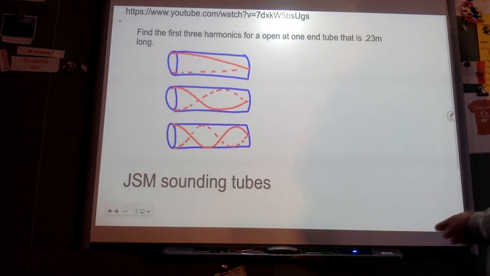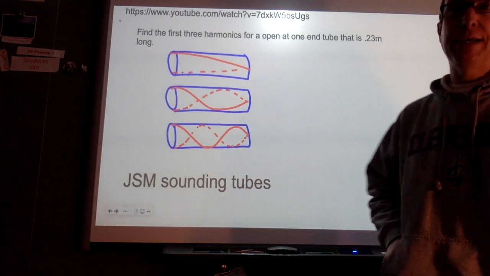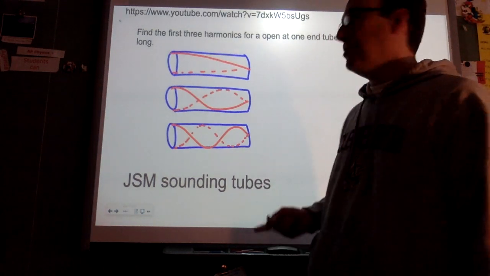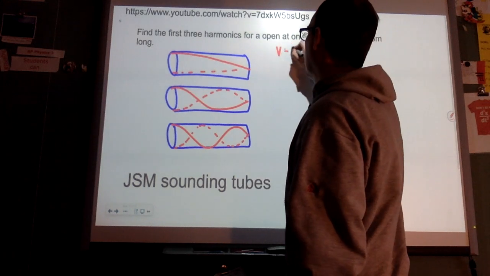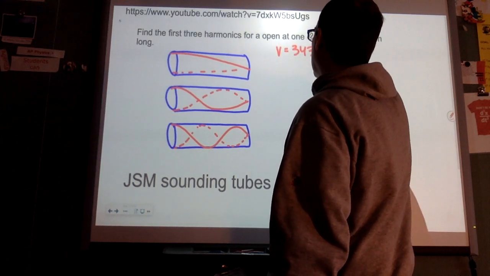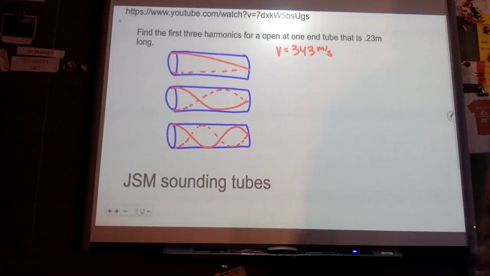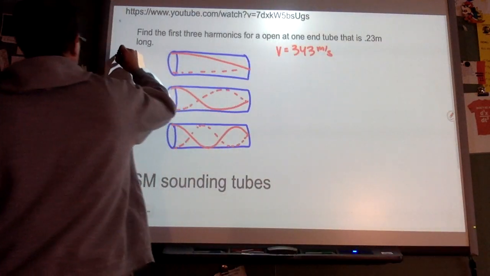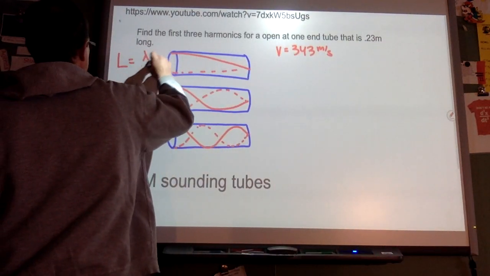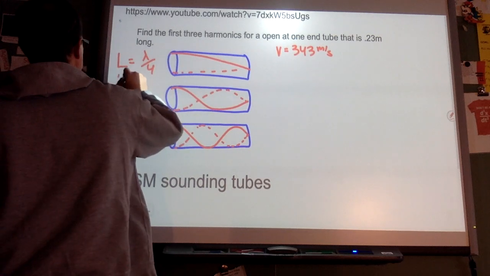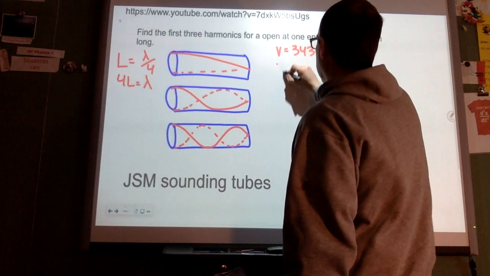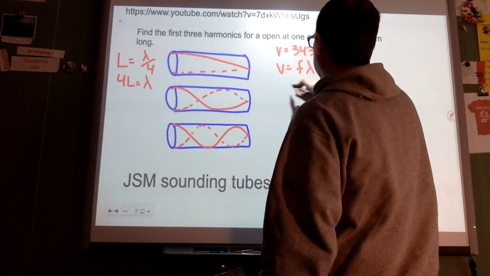All right, so what is constant for these is going to be our speed of sound. We're going to use 343 again. They would have to give that to you because it varies. And so I know that for my first one, my length is a quarter of a wavelength. So 4 times my length is going to be a wavelength. So V is equal to F lambda.